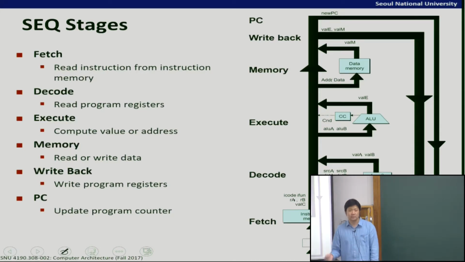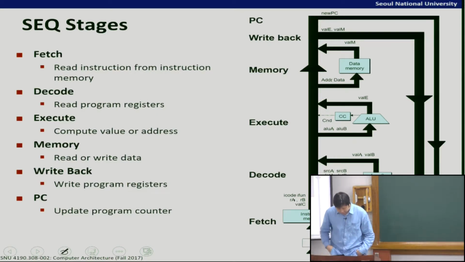Finally, you update the PC register to the next instruction. For a regular instruction, you simply go to the next instruction, but if you have a jump or a branch, you may jump to some remote location, and that must be taken into account in your address calculation.